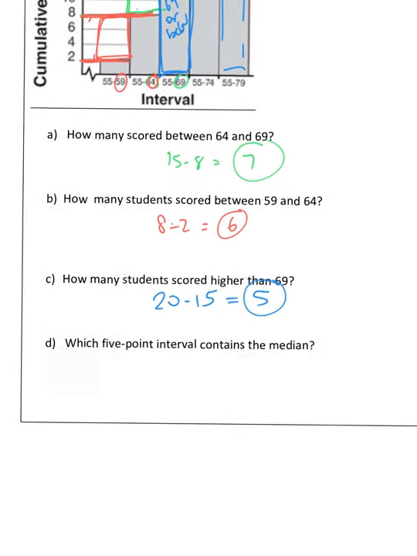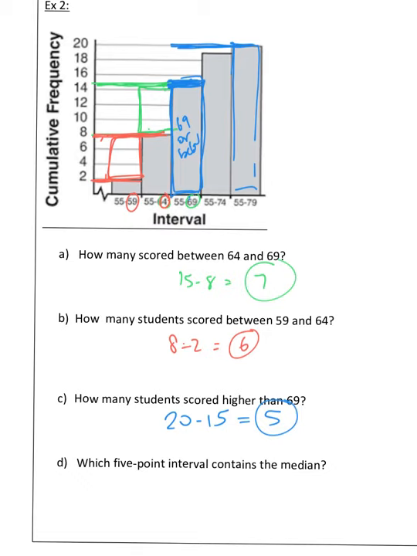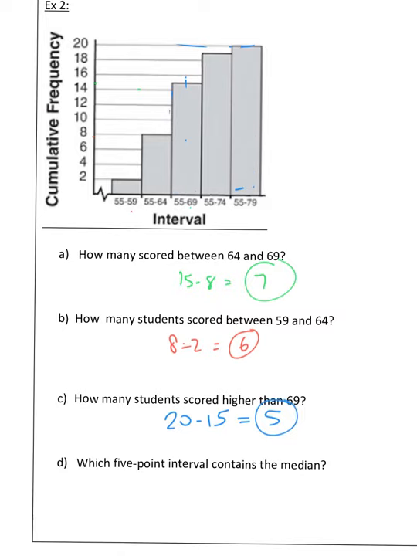And then on part D, which 5-point interval contains the median? So let me erase all this. They're telling you not the intervals that you see down below, because those are not 5-point. They don't include 5 numbers. A 5-point interval is like 55 to 59, which has 5 numbers there.